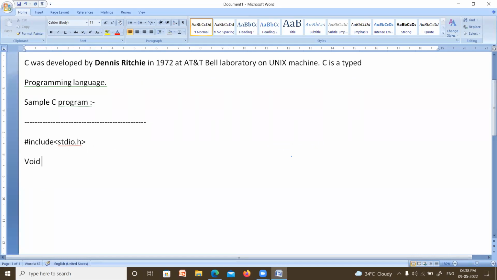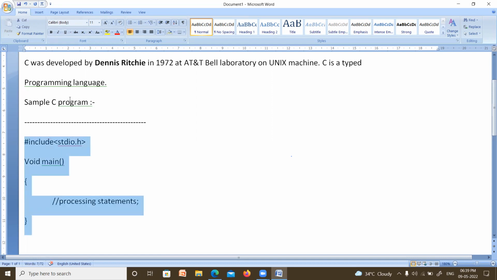After that, we have to write void main. Within these two curly brackets, you have to write the program, that is known as processing statements. Here, one semicolon. It is the sample C program.